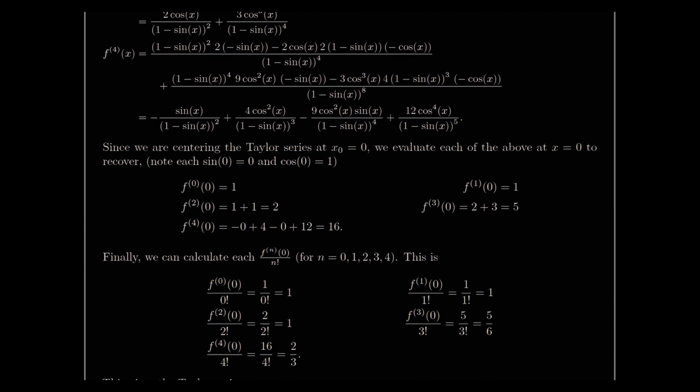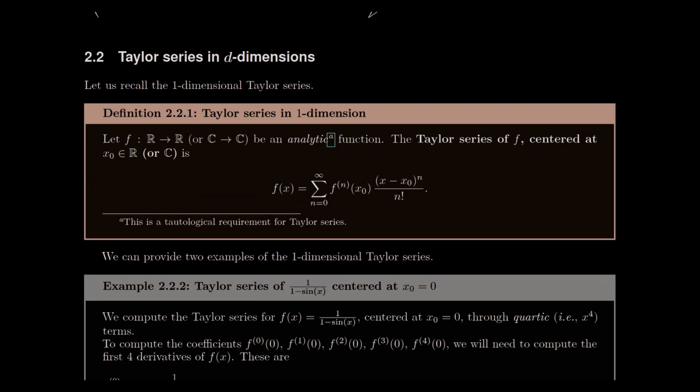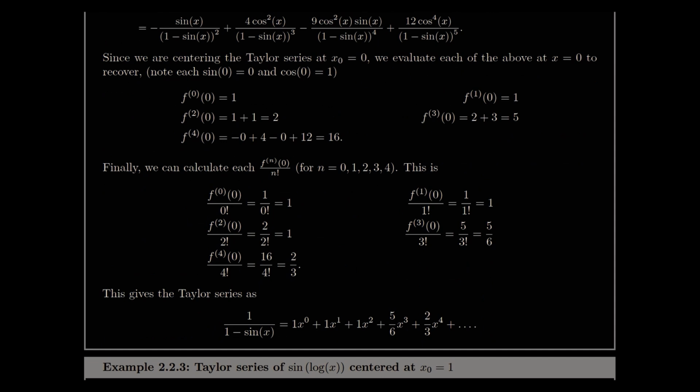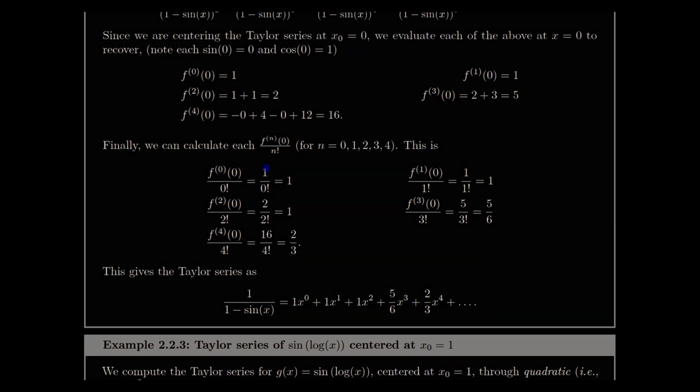And we get 1, 1, 2, 5, and 16 as our coefficients. I just computed those numbers. Now I can reconstruct by using the factorials. 0 factorial is 1, 1 factorial is 1, 2 factorial is 2, 3 factorial is 6, and 4 factorial is 24.